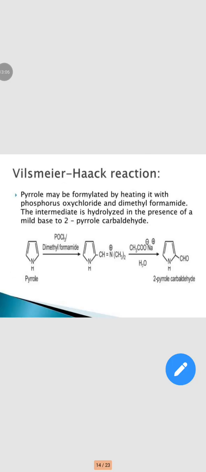Then the Vilsmeier-Haack reaction. Pyrrole may be formylated by heating it with phosphorus oxychloride and dimethyl formamide. So pyrrole is treated with phosphorus oxychloride, POCl3, and dimethyl formamide. An intermediate is produced.